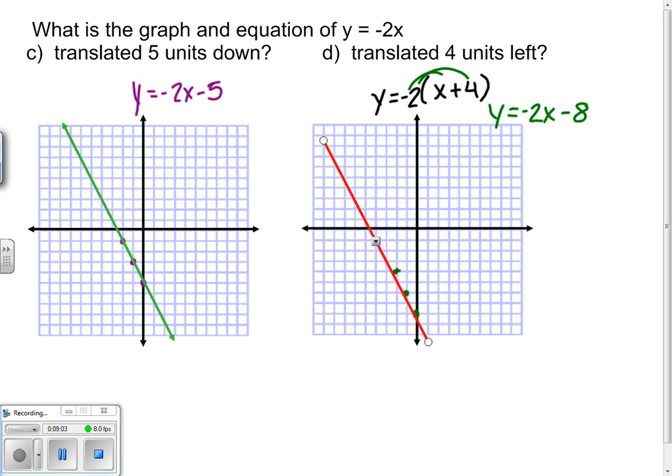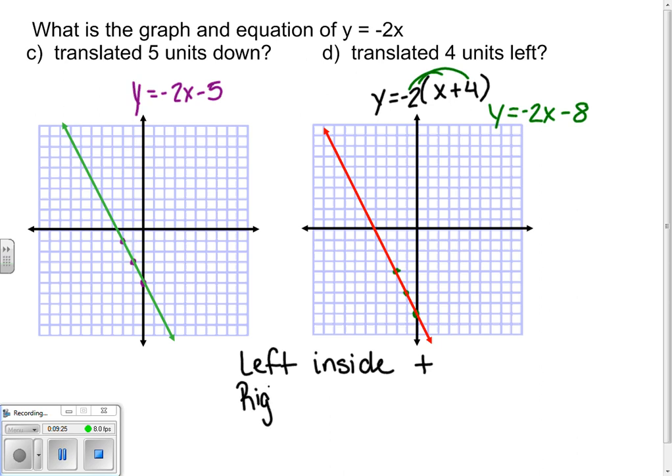Hopefully a little better than I did. So if you want to move anything left, one more time, I'll put this down here in case you didn't write it down. Left is inside, and it's plus.